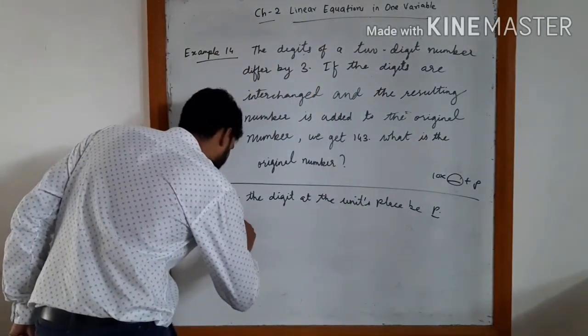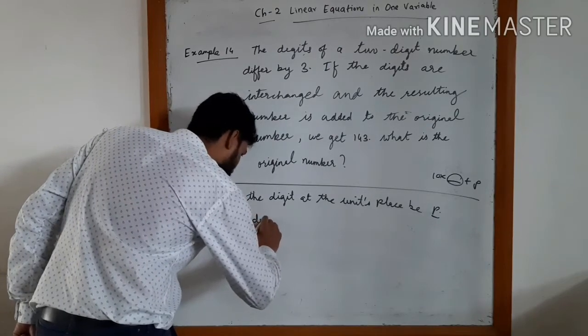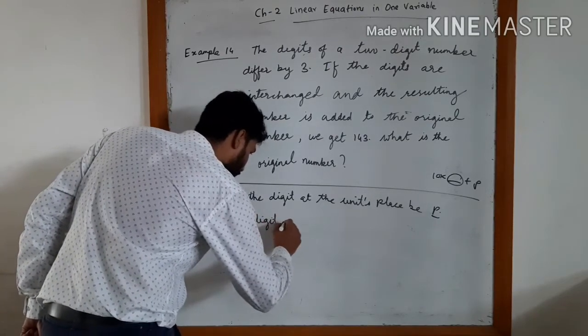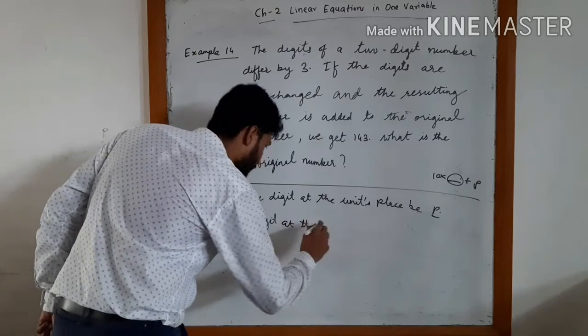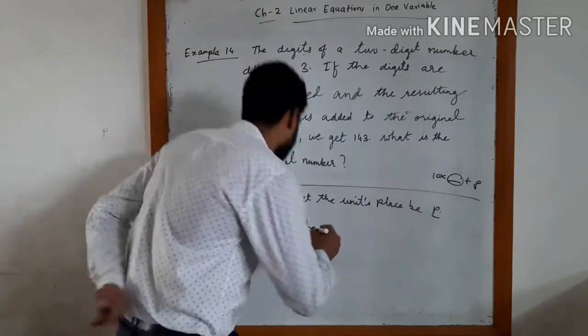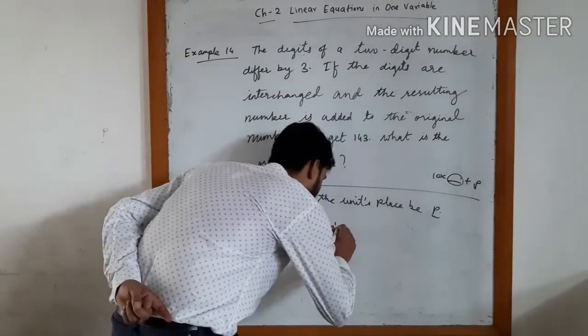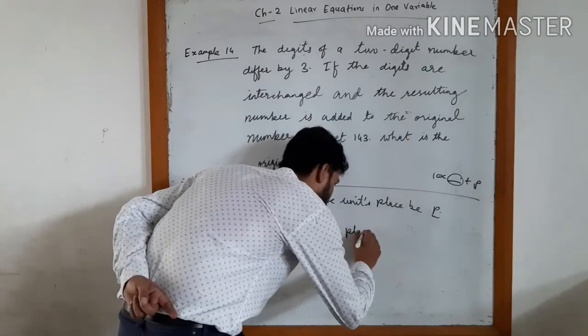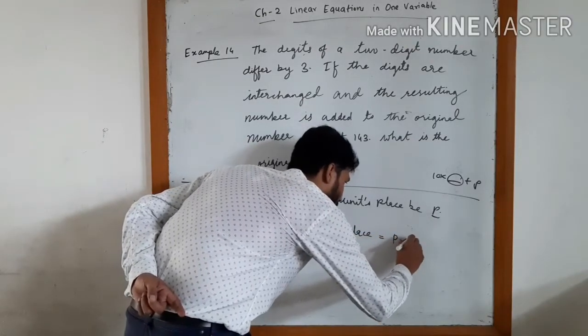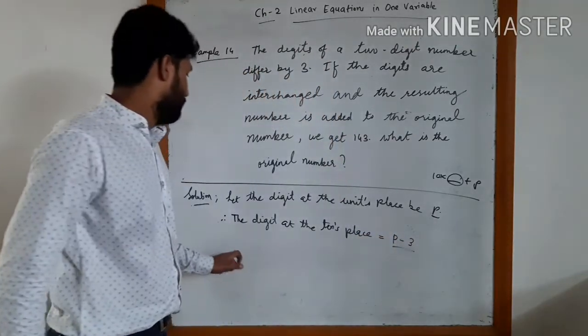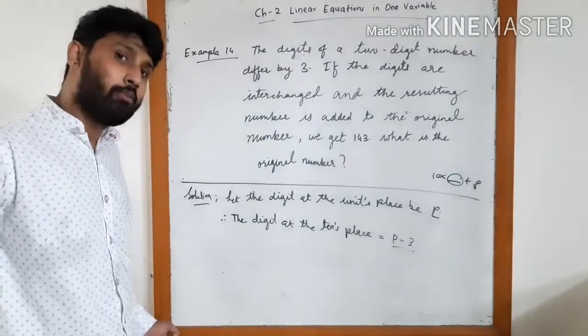Therefore, the digit at the tens place is P minus 3. So now what will the number be?